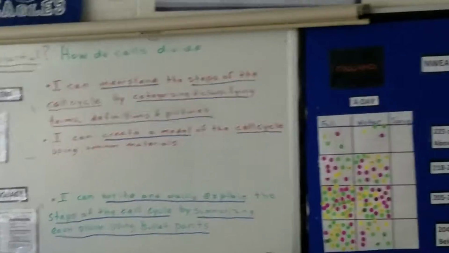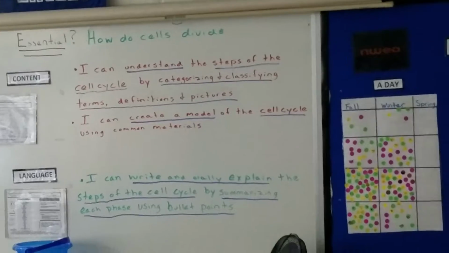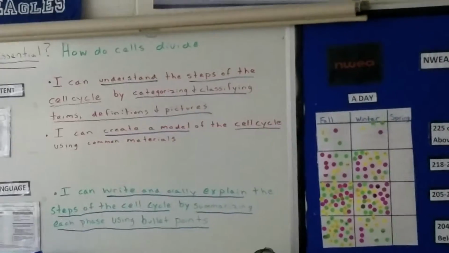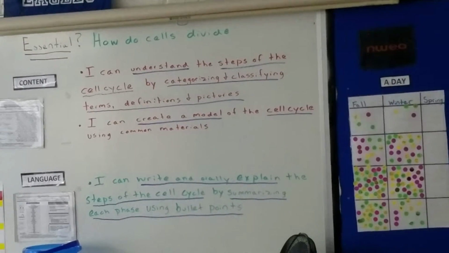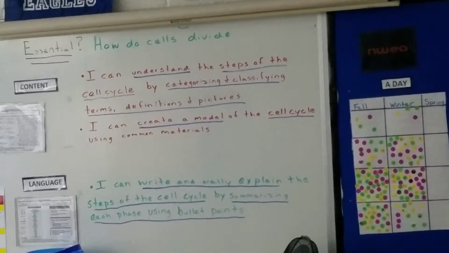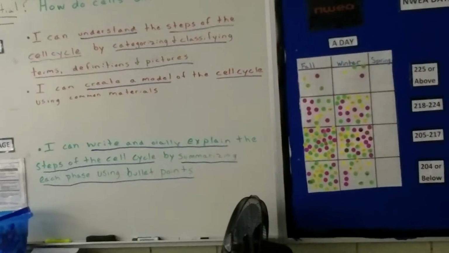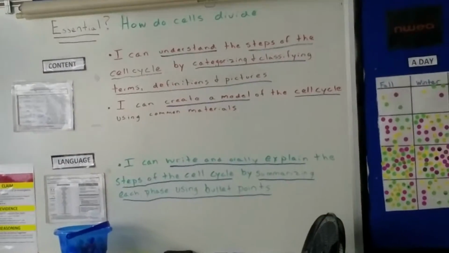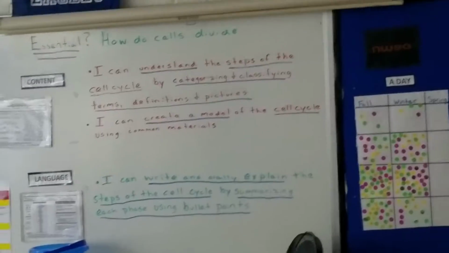Okay, so we're done watching the video. We've taken our notes. Now we're going to read our content and our language objectives so we know what we're doing today. Where are my Michigan fans? Michigan fans, raise your hands. Okay. Michigan fans, since you're my people, you get to read the shorter stuff. So you're reading the underlined stuff.